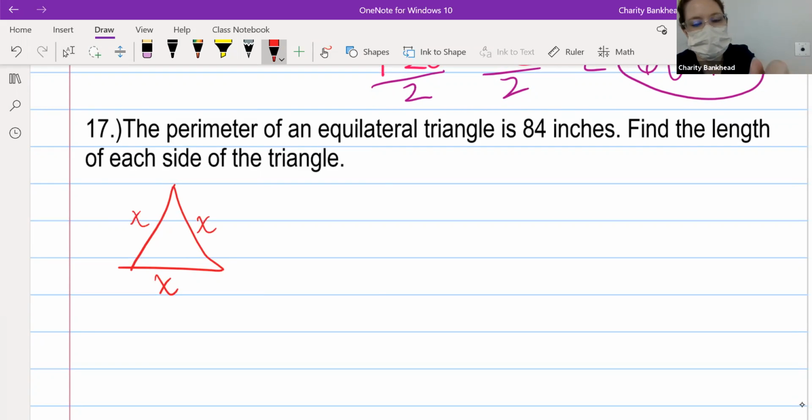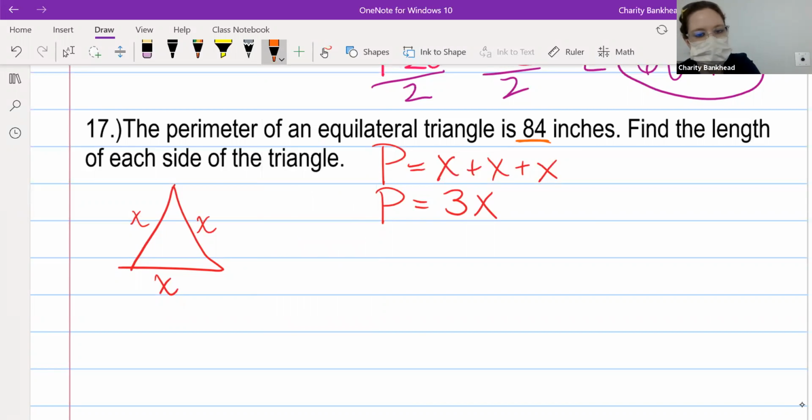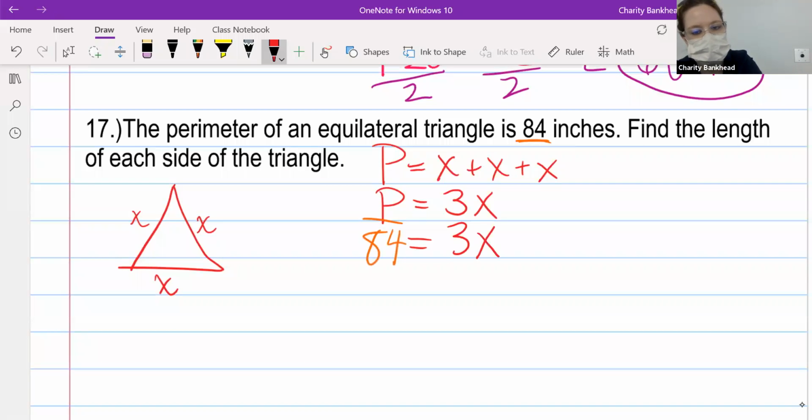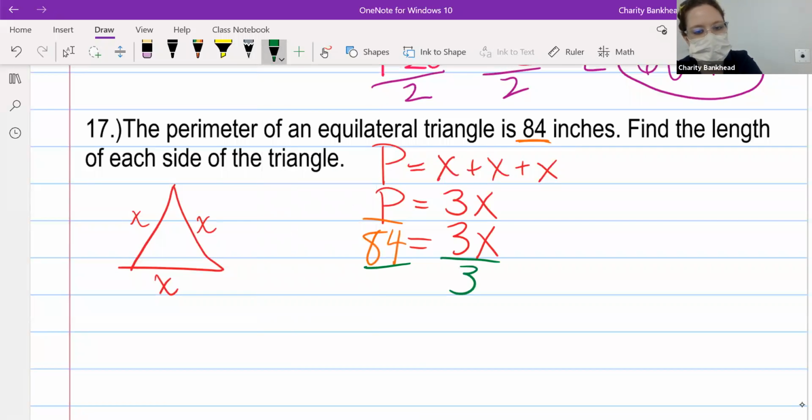So the perimeter of that triangle would be equal to X plus X plus X, or in other words, you could simplify that to be 3X. And then we know that the perimeter is 84 inches, so 84 equals 3X, and then just divide both sides by 3. So that would be 28 inches.